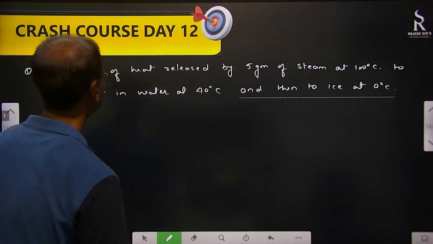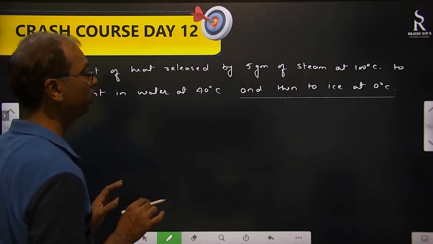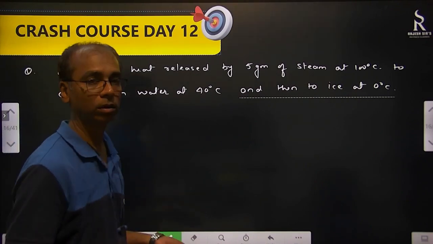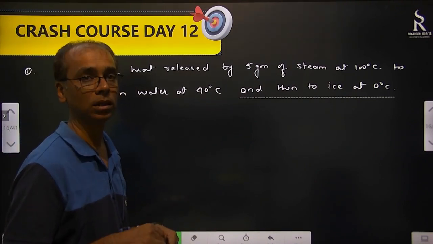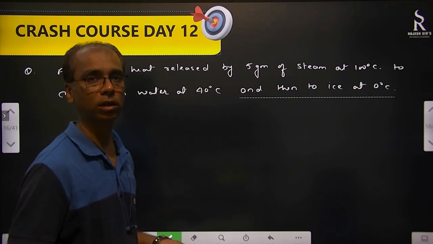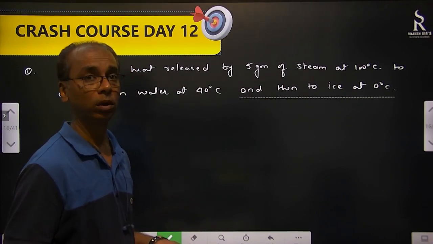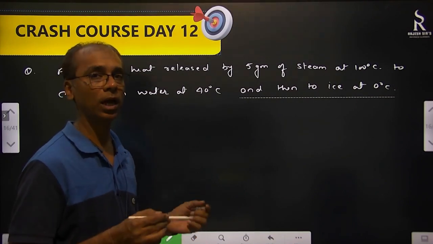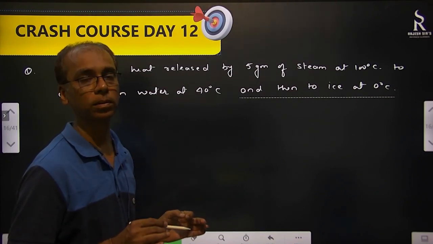Now, what's happening? Steam is at 100 degrees centigrade. First of all, it converts into water. Again, latent heat is there. So, steam is going to convert into water at 100 degrees centigrade. Conversion always happens at constant temperature.